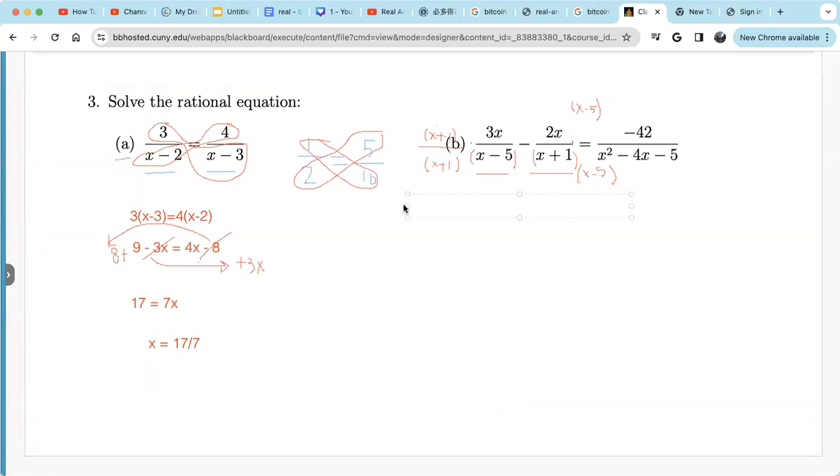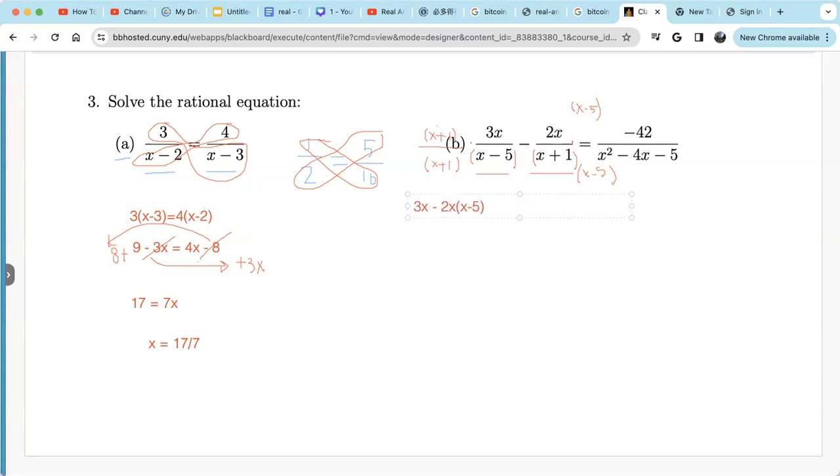So the numerator for the first term, we have 3x times x plus 1, which gives us 3x squared plus 3x, right? Then minus the second one, we have 2x times x minus 5. Let me not do everything in one shot.